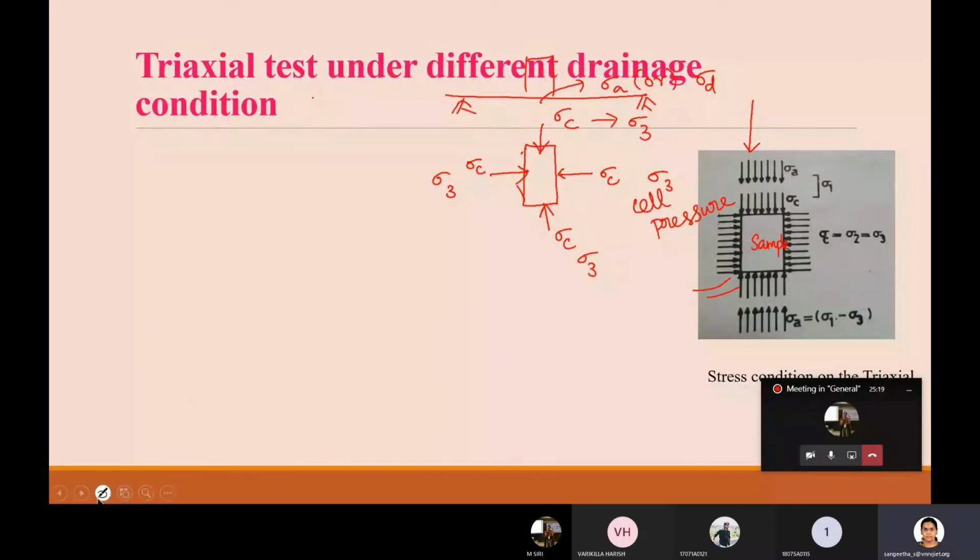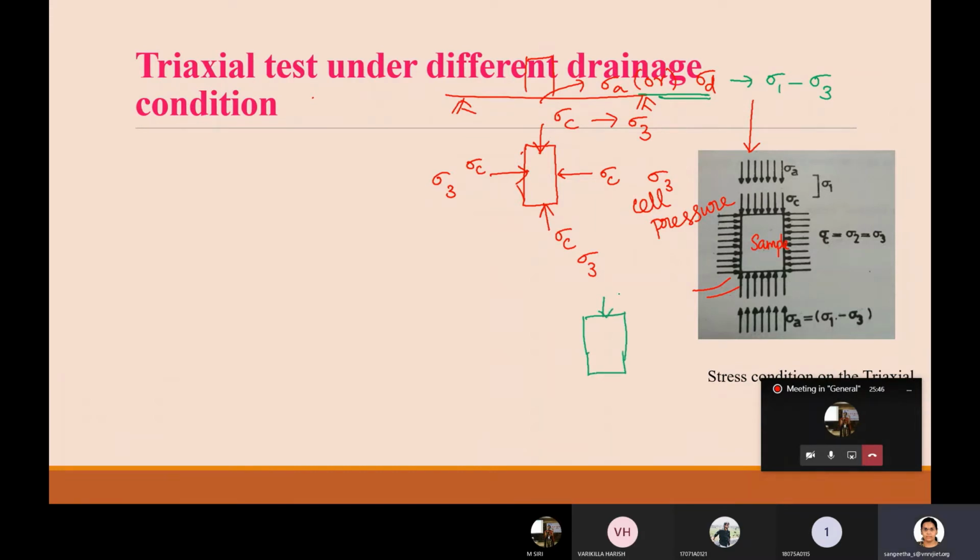And then once the deviator stress is applied, what is this deviator stress? This deviator stress is equivalent to sigma 1 minus sigma 3. So actually what is acting on your soil sample now?